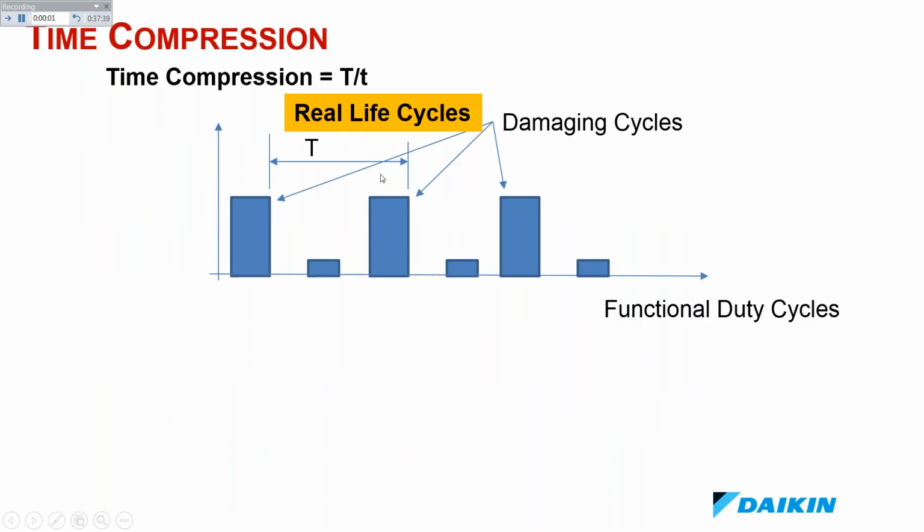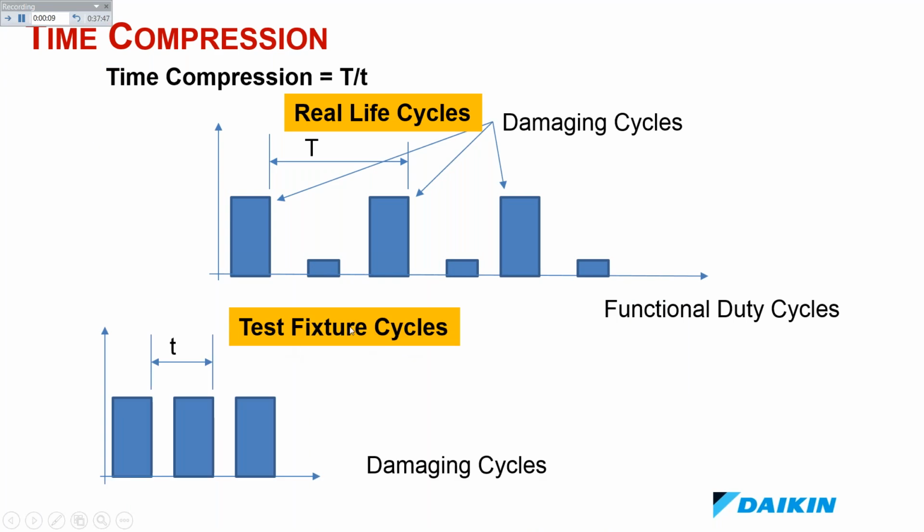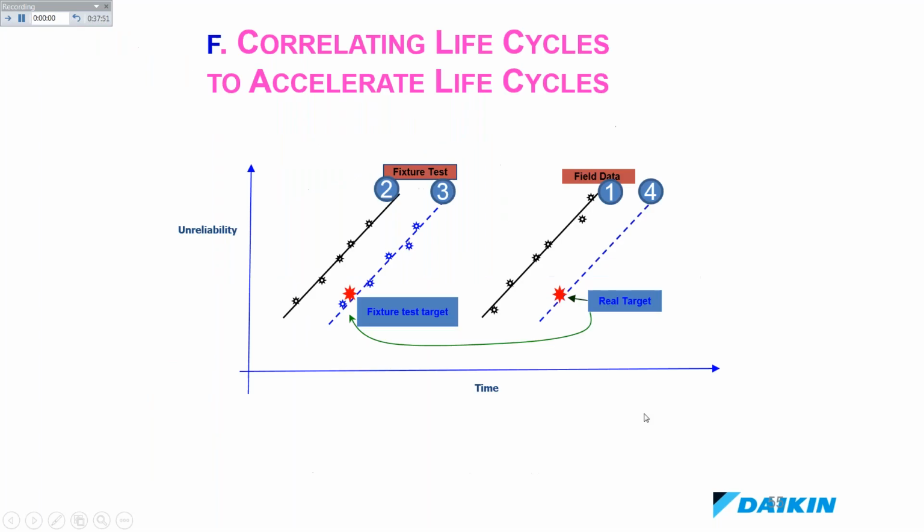Here's a similar thing. So in real life, you got damaging cycles and non-damaging cycles. And the test fixture, you would be only counting on those cycles. So here is a field scenario. Let's say number one is you find certain things are failing in the field. But your target is here.